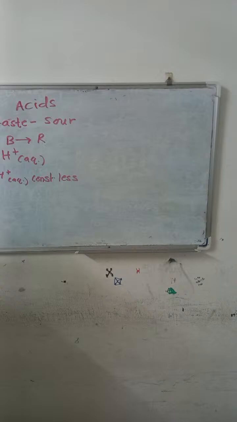So if any solution contains fewer H ions, then we call it a dilute solution. And if the concentration of the H plus aqueous ions is more, then that solution is called a concentrated solution.